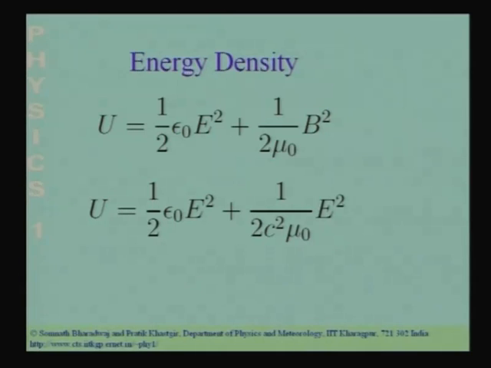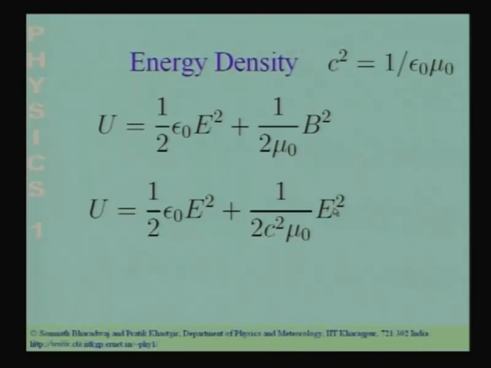For the electromagnetic wave we saw that the electric and magnetic fields are not independent, they are both produced by the same source, and the magnitude of the magnetic field is the magnitude of the electric field divided by c. So, I can replace the term arising from the magnetic field and write it in terms of the electric field as 1 by 2 c square mu naught square into E square.